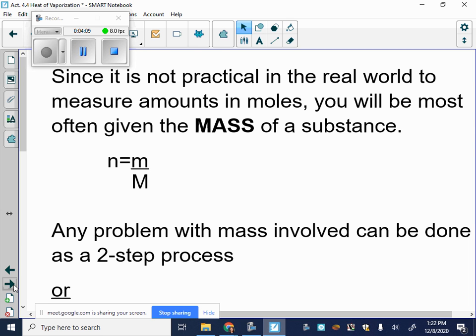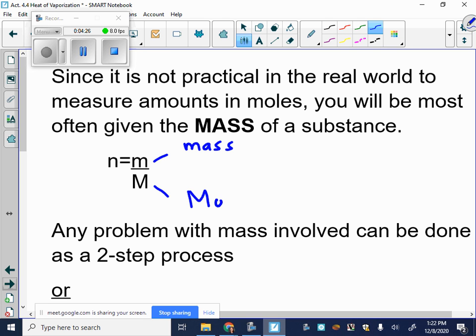So we're going to have to use this formula once again. Number of moles is equal to mass divided by molar mass. So number of moles, this means mass, this means molar mass.